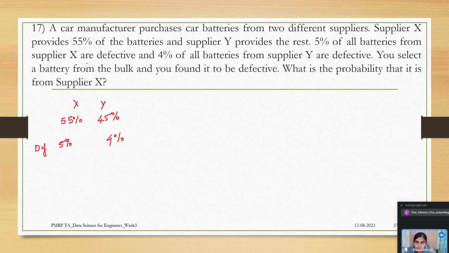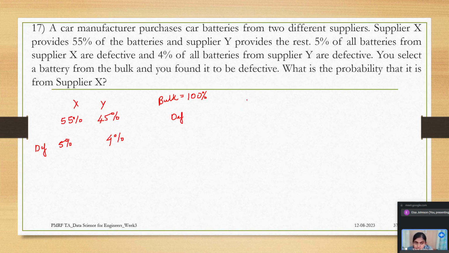Now you are asked to pick a battery from the bulk. The bulk will contain 100% of the items, and you found the battery to be defective. So what is the probability that it is from supplier X?